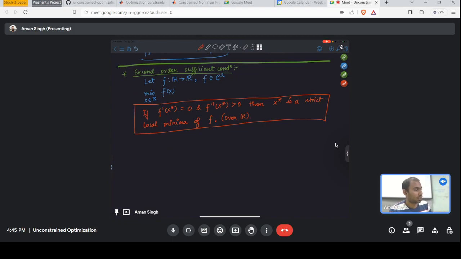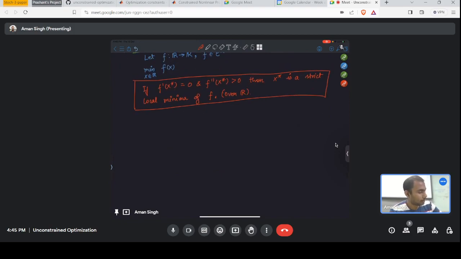So like always, we'll again prove this. It's again like this, right? If this is true, then that is a local minima.